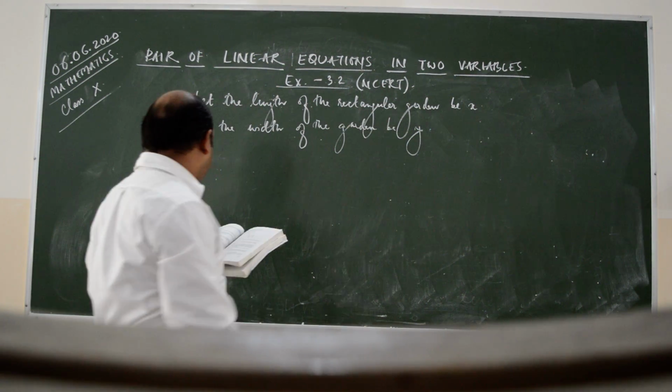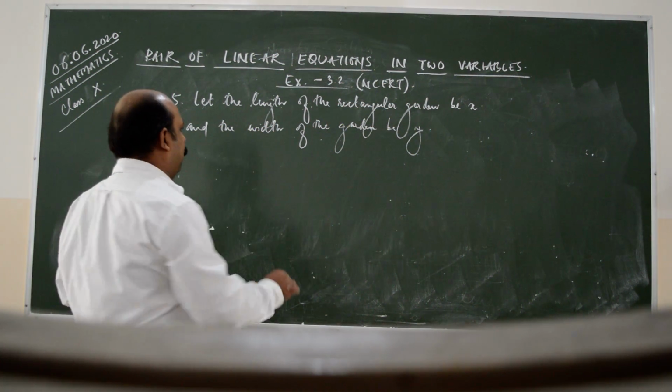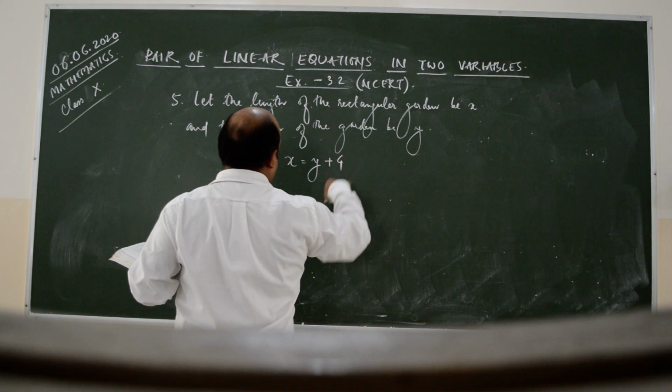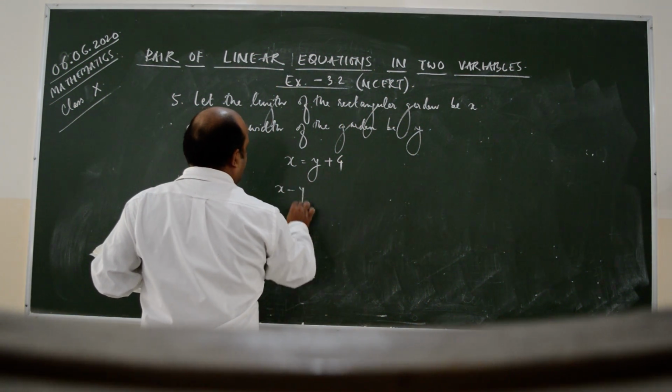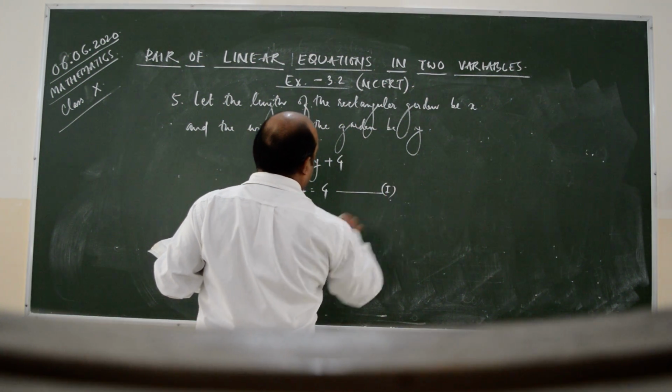So what is the first condition? Length is 4 more than its width. It means x is equal to y plus 4, or we can say x minus y is equal to 4. So this is the first condition.